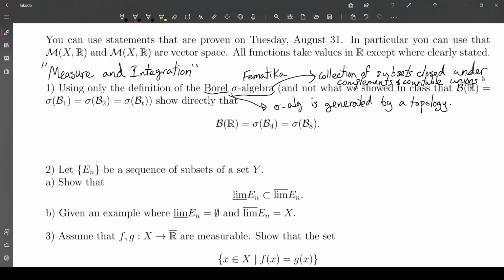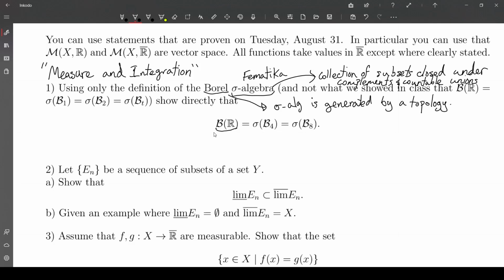The two things put together, since you have complements, this also means it's closed under countable intersections, but obviously for defining it, you only need either unions or intersections, right? So this BR is the Borel sigma algebra of the real numbers, meaning that you start with the topology of the real numbers, i.e. just the set of all open sets, and then you extend it to contain both complements and countable unions.